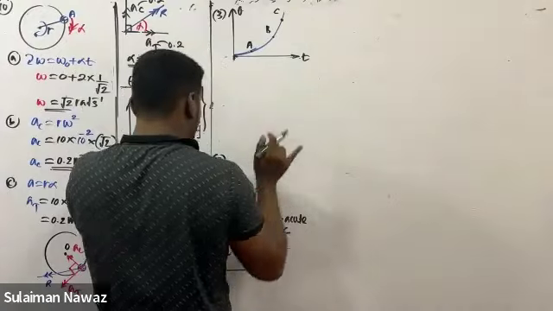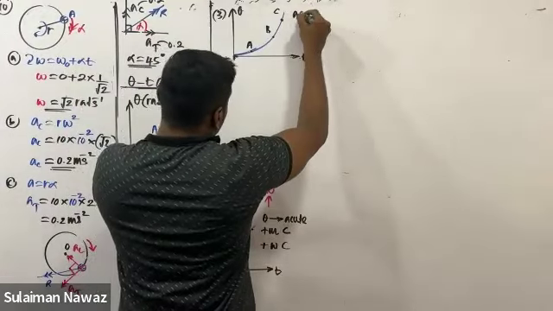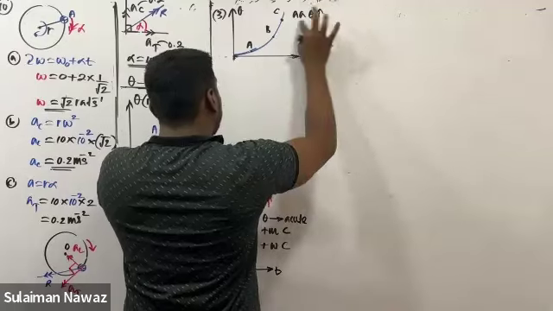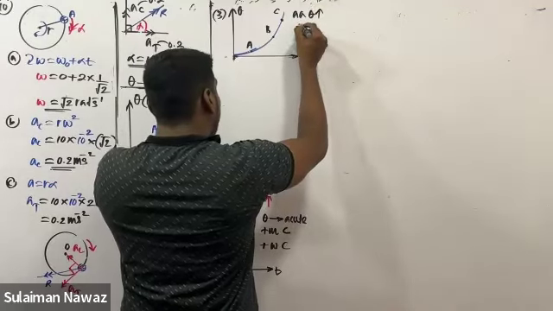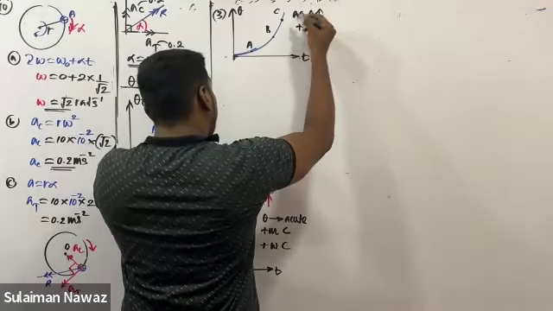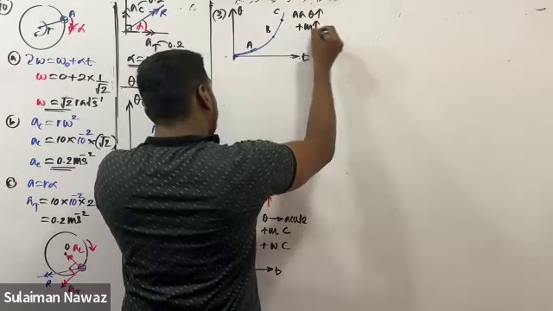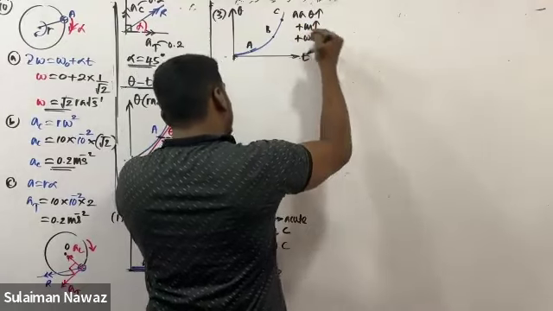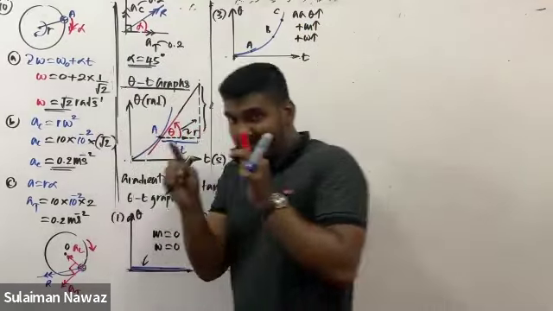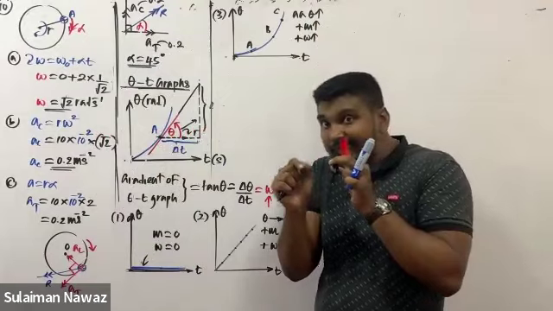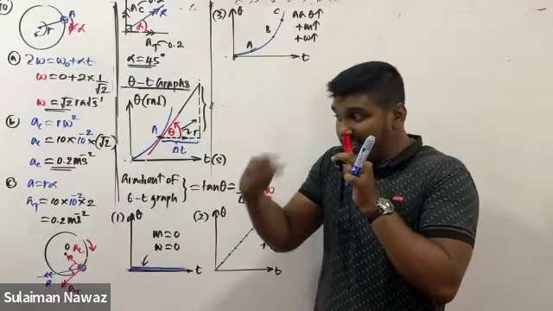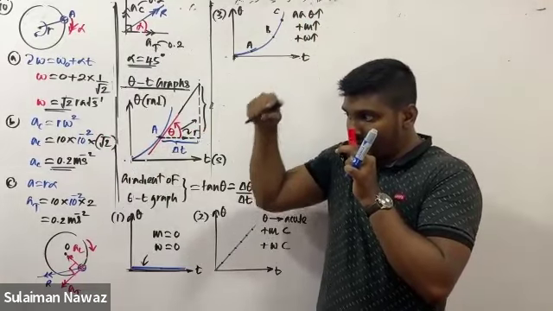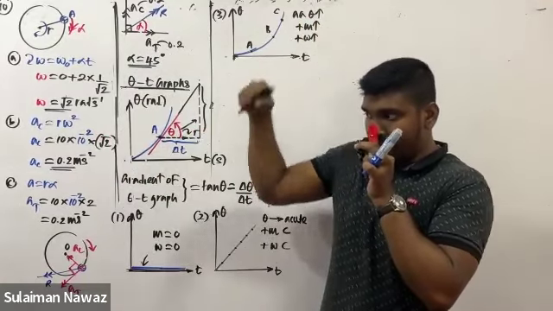Acute angle means positive gradient. The positive gradient increases, so the positive angular velocity increases. That means the rotating object is under angular acceleration. The rotating speed keeps on increasing like a fan, starting slowly. Got it?